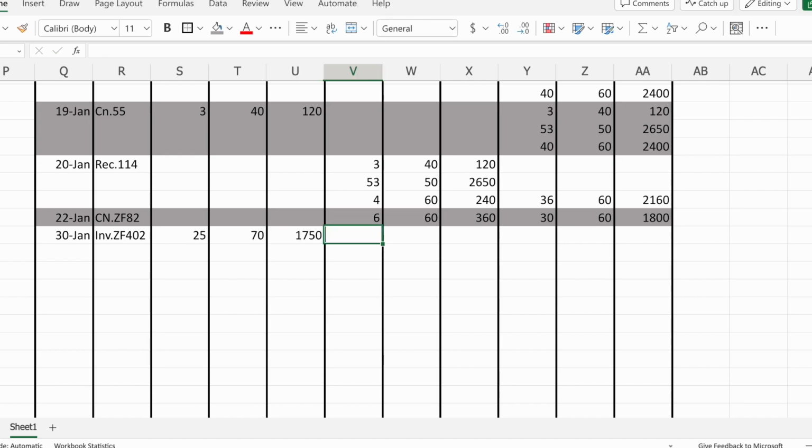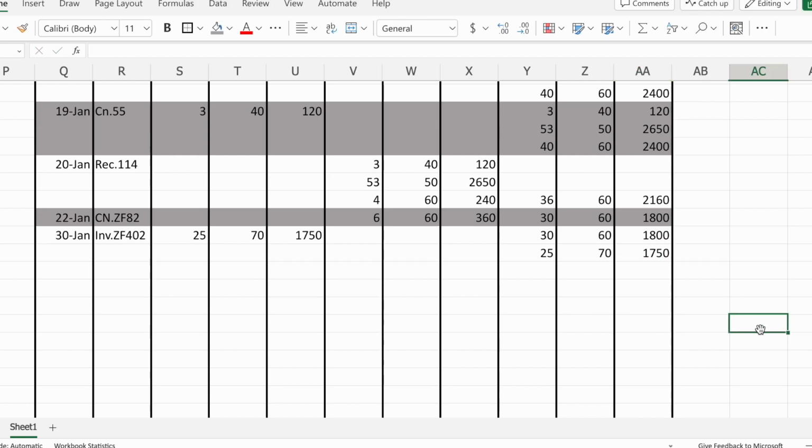So that's how much is there. Now when we record this, the only inventory we have, we sold the $40 one and the $50 one, so we don't have any, zero balance. 60 and 1800. And now our new piece of inventory that we have is 25, $70 one, and then 1750.